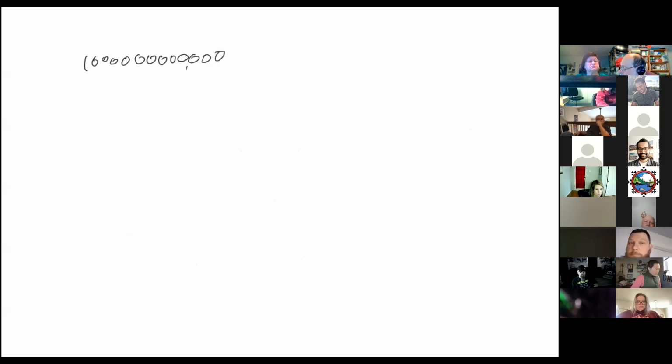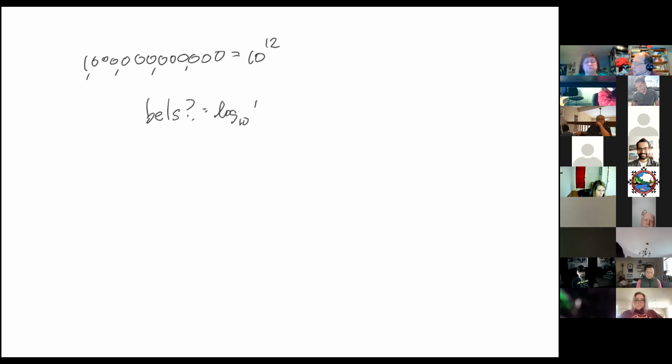And this is a way of dealing with big numbers in another way. The reason that we use this is because, let's take a look at this number. What is that number? That number is a trillion, right? So that would also be 10 to the 12th power. So how many bells would that be? That would be the log base 10 of a trillion. 12.